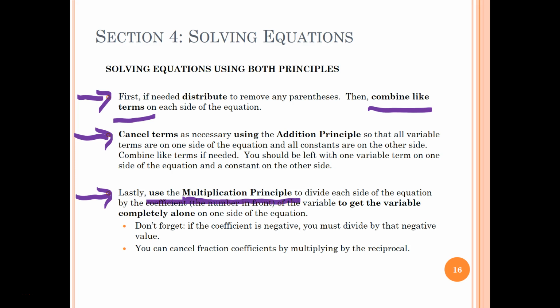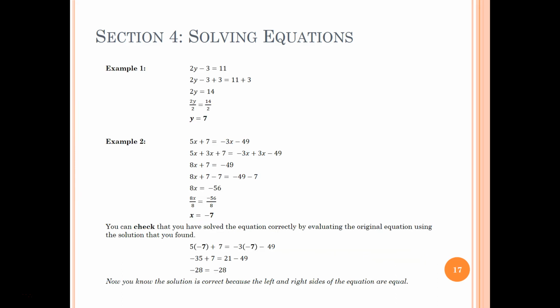That way, we can go ahead and get that variable completely isolated, completely by itself. So remember, when you're using the multiplication principle, if the number in front of the variable is negative, you have to divide by that negative value. And also remember that if you have a fraction being multiplied to the variable, go ahead and multiply both sides by the reciprocal.